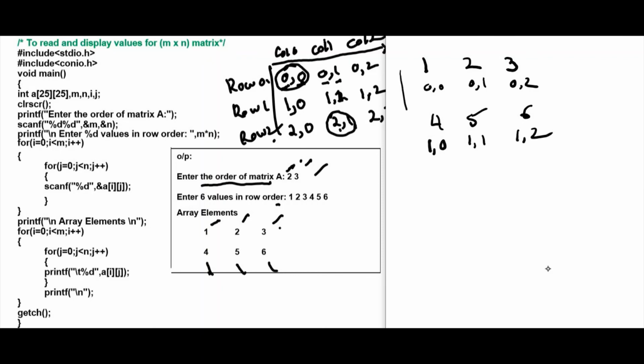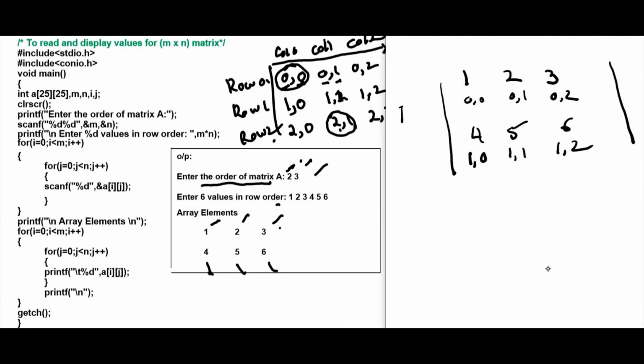Right? So this is the value that is stored in the matrix. So this is my row 0. This is my row 1. This is my column 0. This is column 1. And this is column 2.